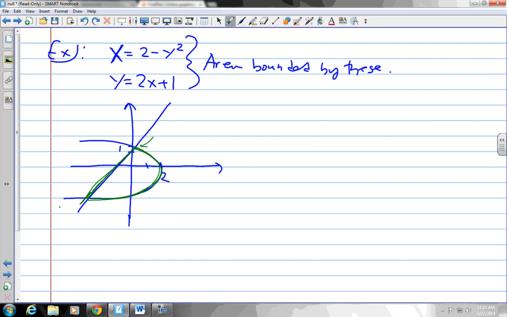But if I look at this picture horizontally, if I start slicing and dicing it this way, I'm staying consistent, right? I'm always between a parabola and the line. You see what I'm talking about? So it's probably easier to look at this problem like that.